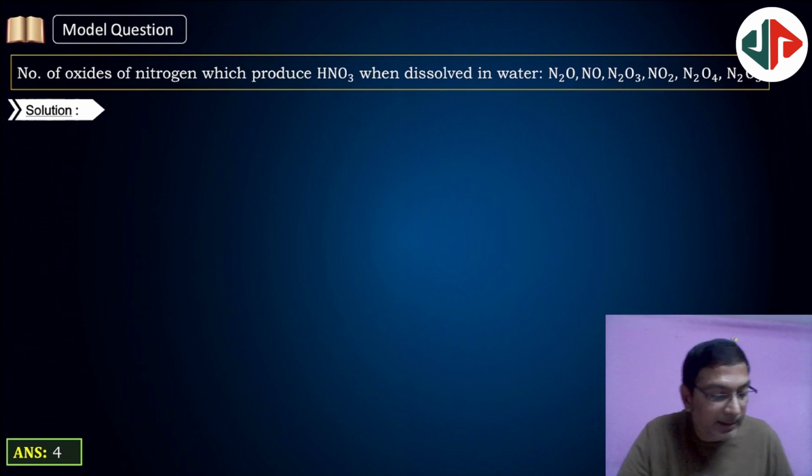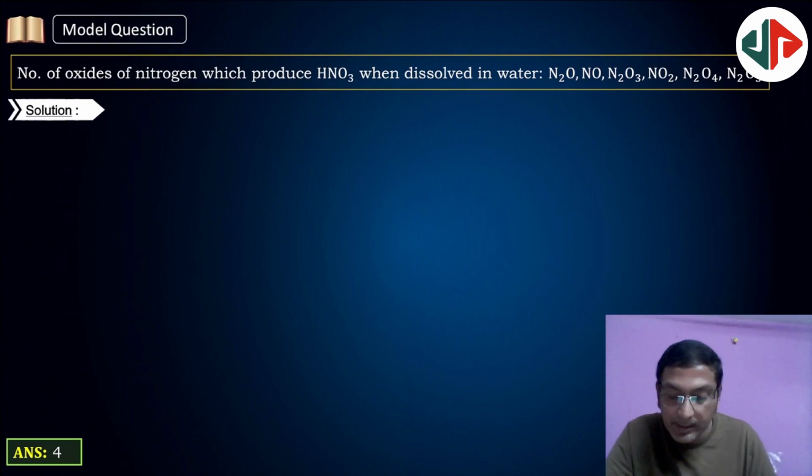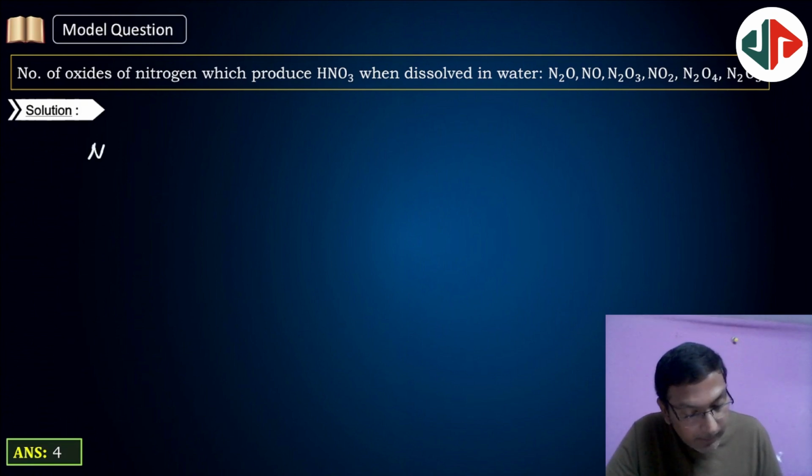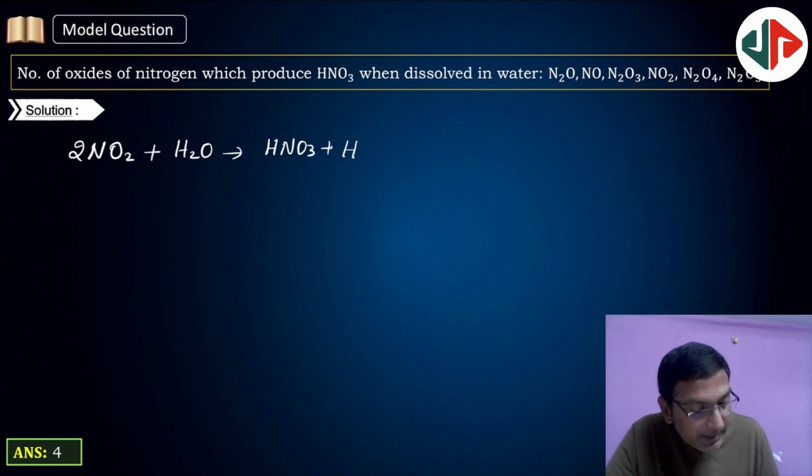Number of oxides of nitrogen which can produce HNO3 when dissolved in water. So first I will write NO2. NO2 plus H2O gives HNO3 plus HNO2. So NO2 is a mixed oxide or mixed anhydride.